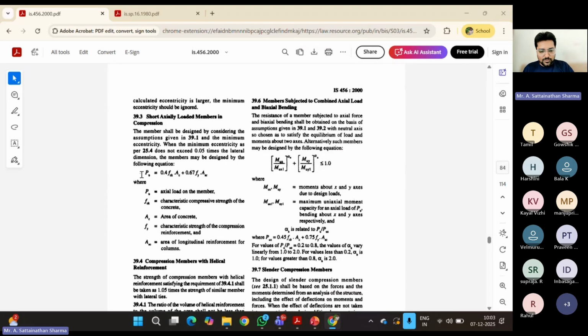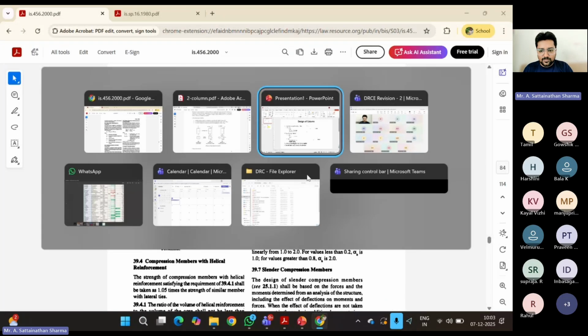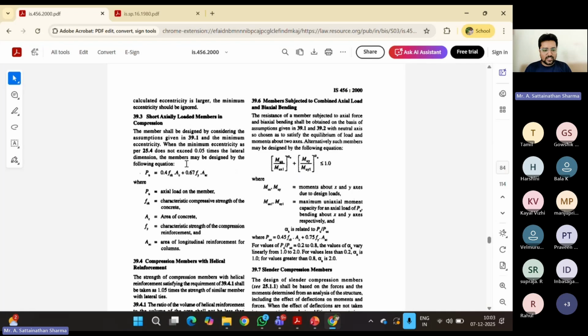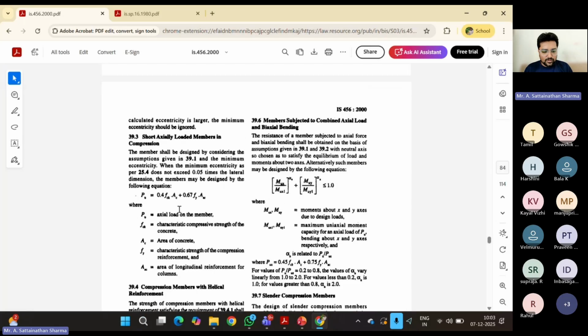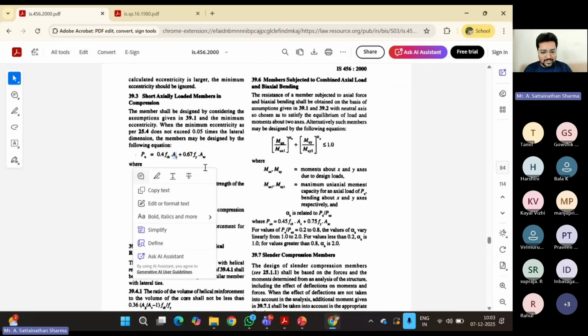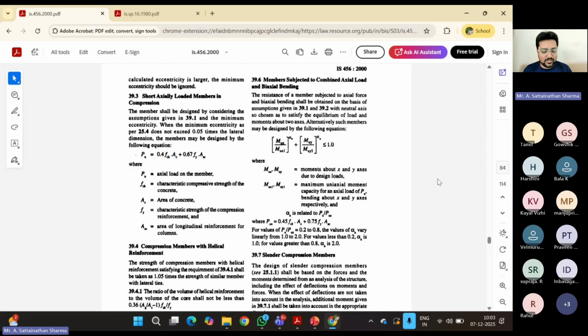If you are supposed to do the analysis part, that is the first type of problem, then you have to find the load carrying capacity. To find the load carrying capacity, the formula is given here. Pu is equal to 0.4 fck into Ac plus 0.67 fy into Asc. Here where you will get confused is Ac and Asc. What is Ac? Area of concrete.